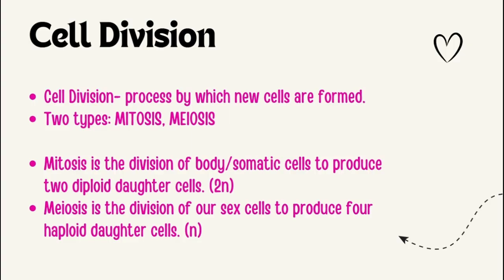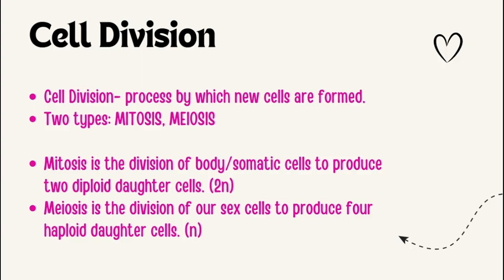Meiosis, on the other hand, is a specialized type of cell division, right? Because it only focuses on our sex cells. So this is how we basically reproduce to have actual offspring. Mitosis is really for bodily repairs, maybe you get a cut, cell division, heal, and stuff like that.